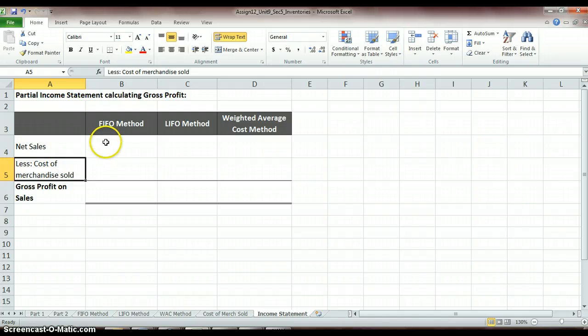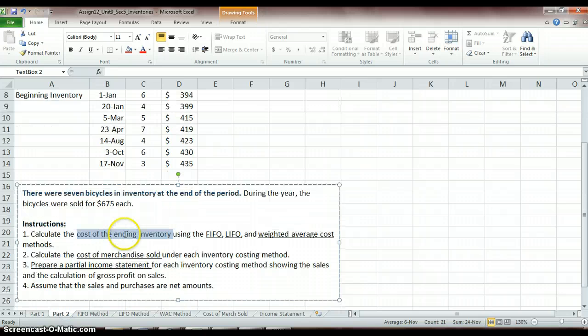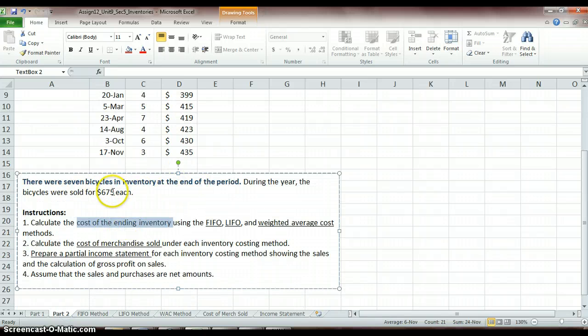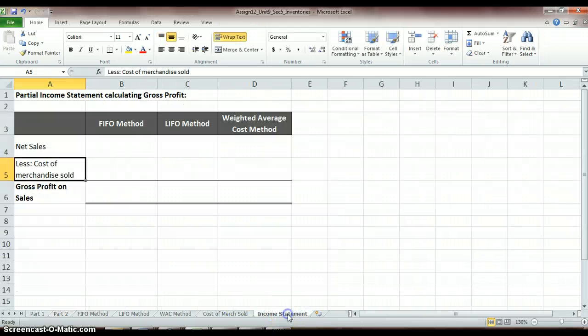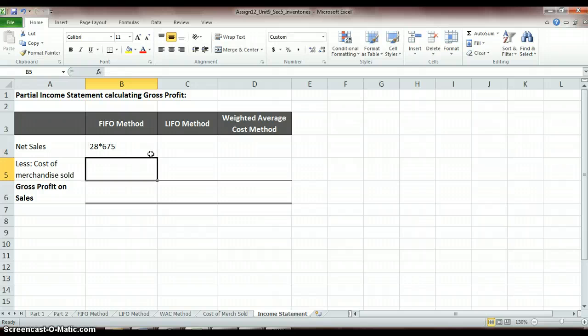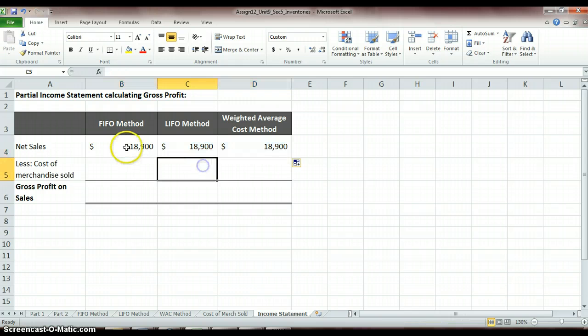This should be the amount of bikes that we sold at the price that we sold them. We know that we sold 28 bikes during the year, and we sold them for $675 each. So that's going to be our net sales. Oops, gotta put my equal sign in there. So our net sales is $18,900. We sold 28 bikes at $695 a piece.